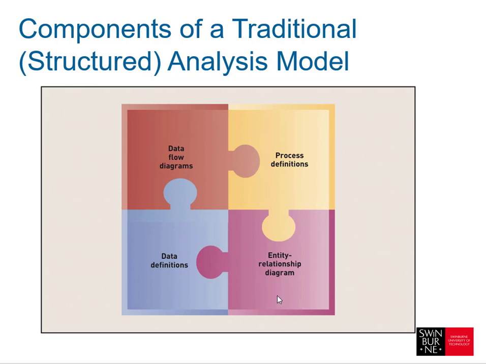We have studied data flow diagrams, then process definitions, entity relationship diagrams, and also data definitions in data flow descriptions. All these items give you a complete set of requirements analysis and models.